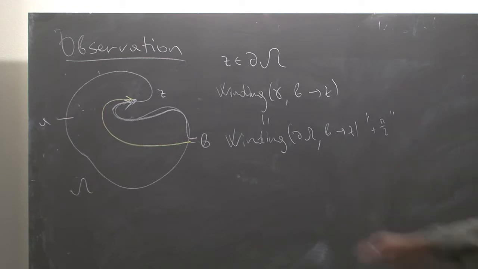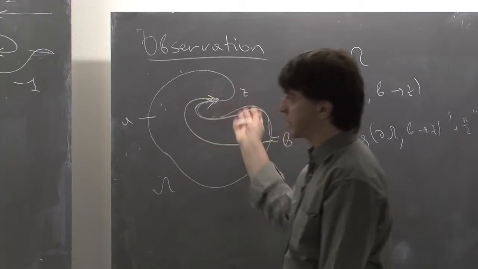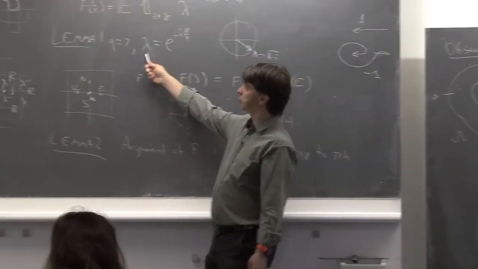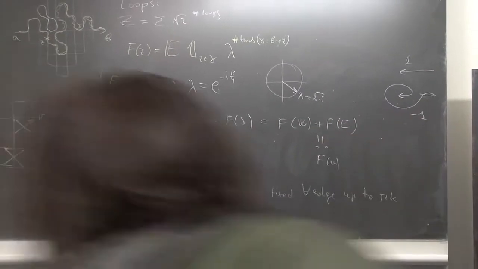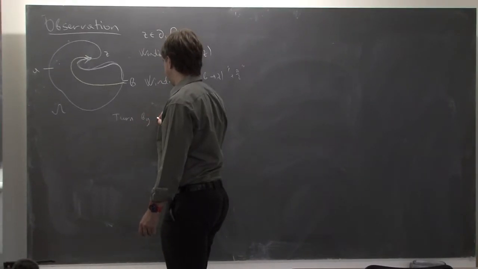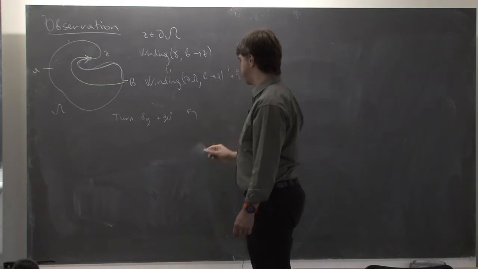And now, what do we do when we turn by some angle, by 90 degrees, where each time we put a factor of lambda? So if we turned by plus 90 degrees, what is it?